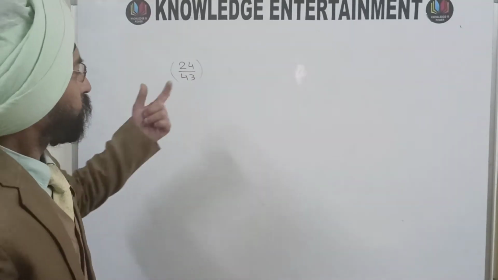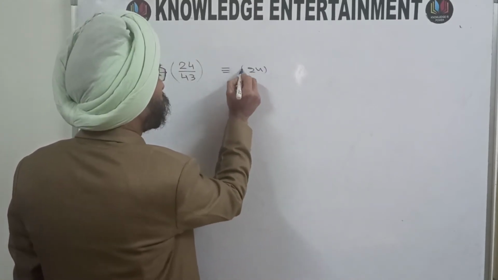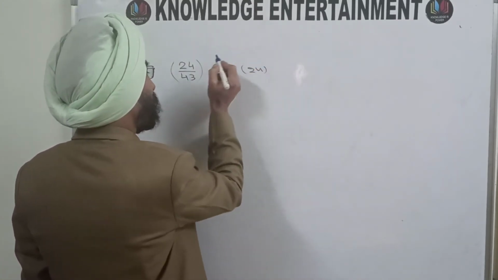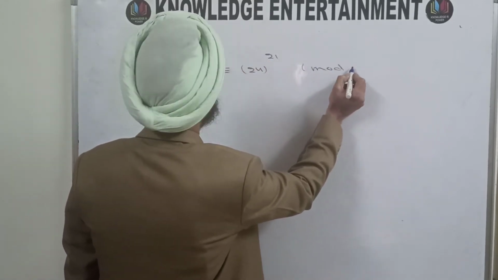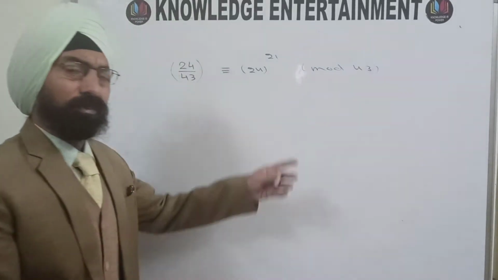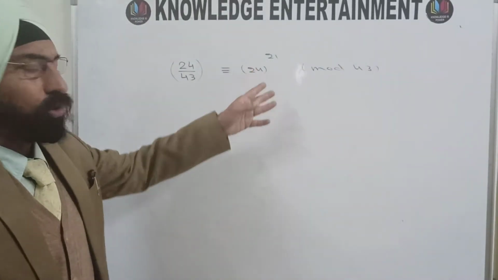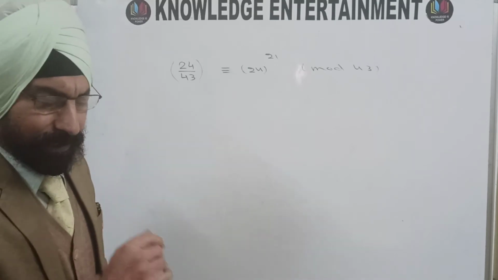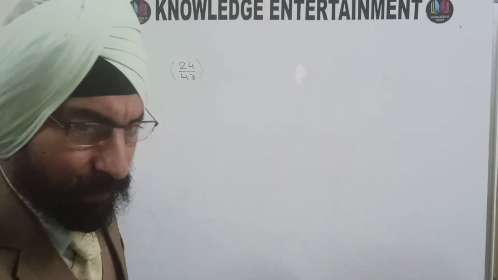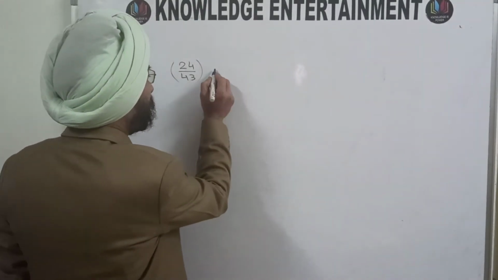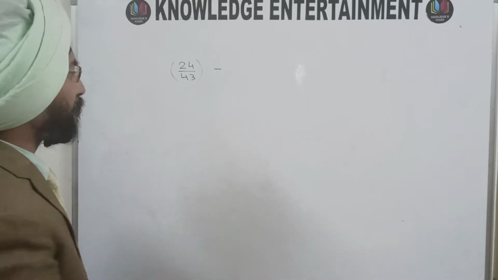If I say to you that using Euler's criterion, it is 24 raised to the power 43 minus 1 by 2, 21, modulo 43, it will take a long time, because it's not so easy to simplify it. But using the properties that we have just done, it can be solved in a short time using shortcut methods.